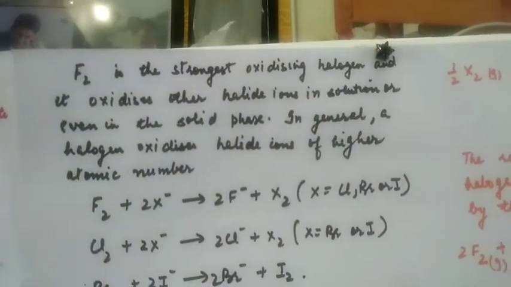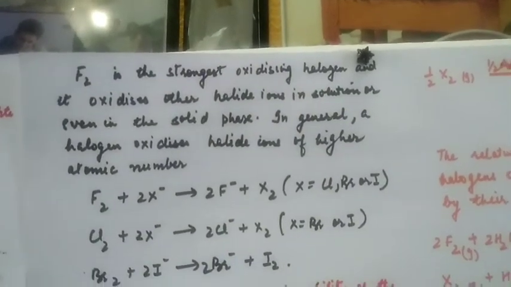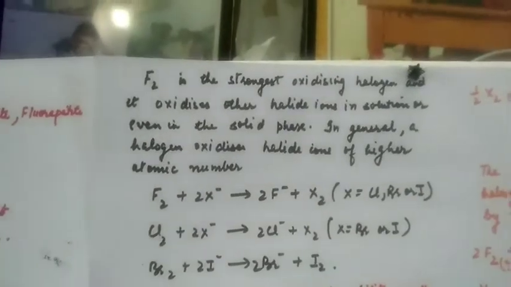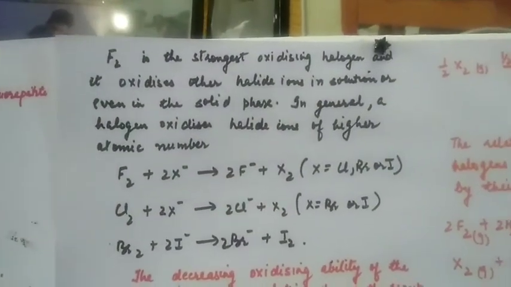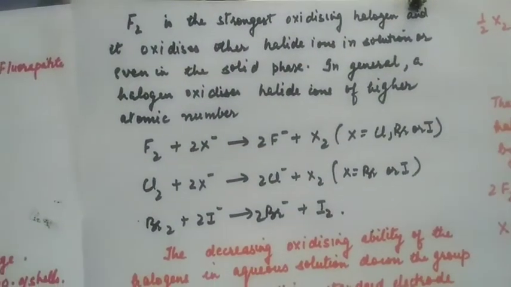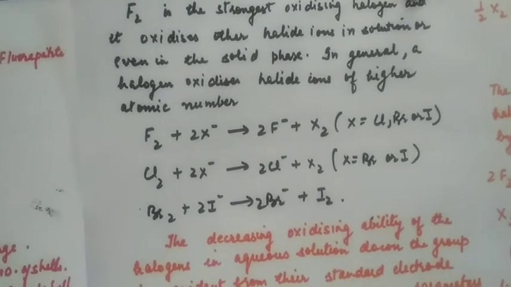Fluorine is the strongest oxidizing halogen, and it oxidizes other halides in solution or even in the solid phase. In general, a halogen oxidizes halide ions of higher atomic number.